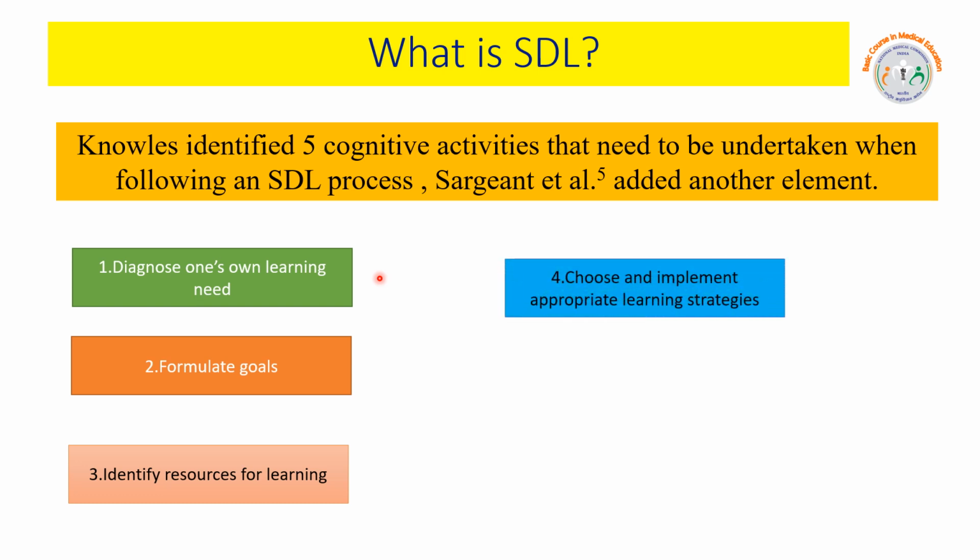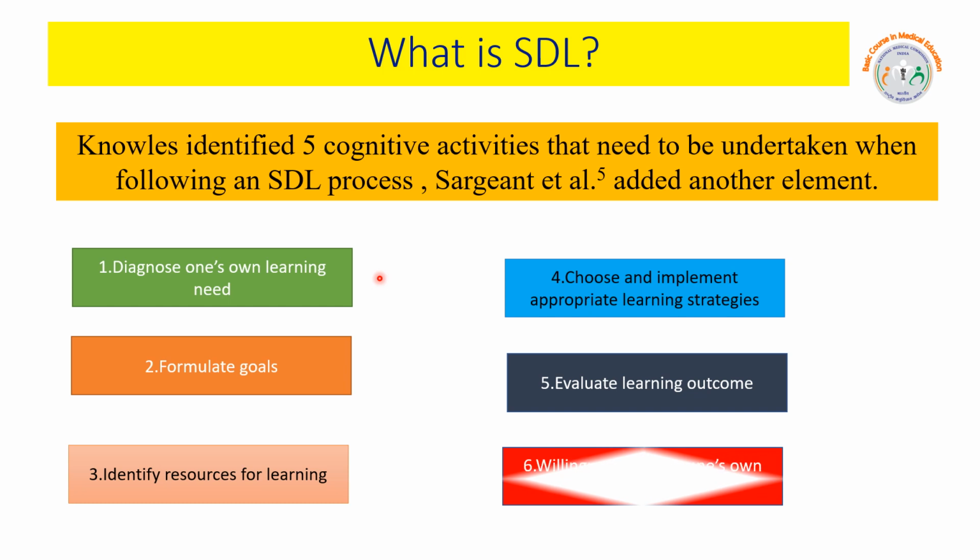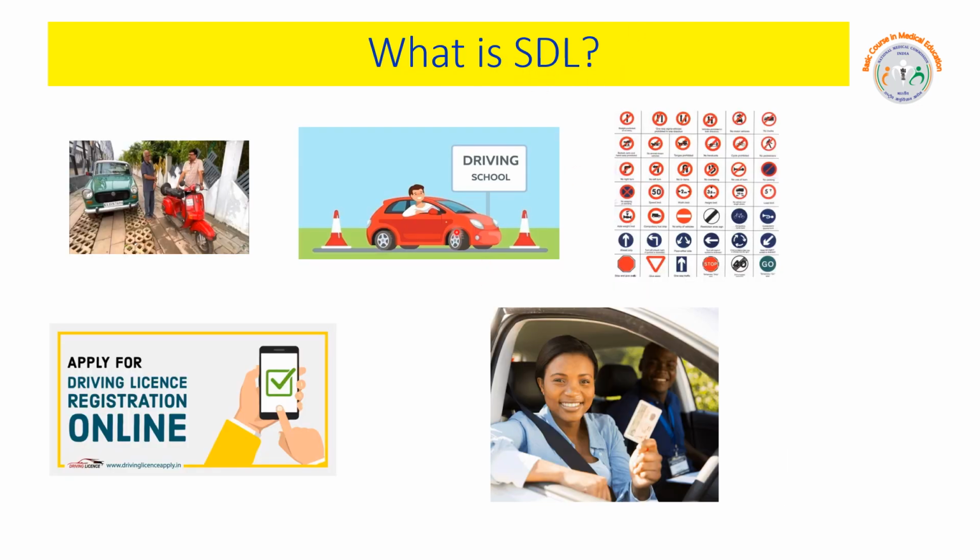Number 4 is choosing and implementing appropriate learning strategies. And the 5th point is the evaluation of learning outcomes. And Sargent et al. added the 6th component, which is the willingness to drive one's own learning. So if I know why I am going to learn it, all these things automatically come, and that comprises an ideal self-directed learning.